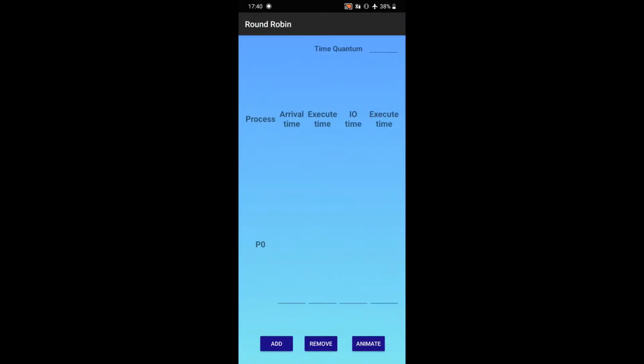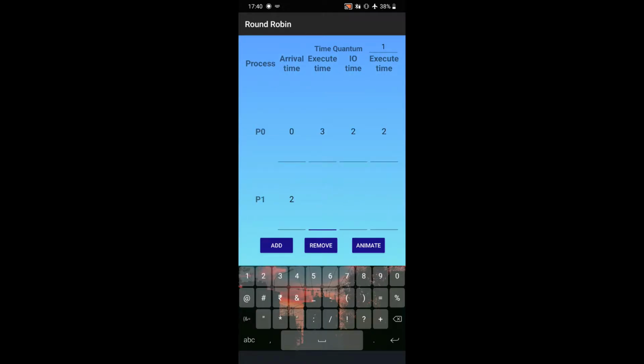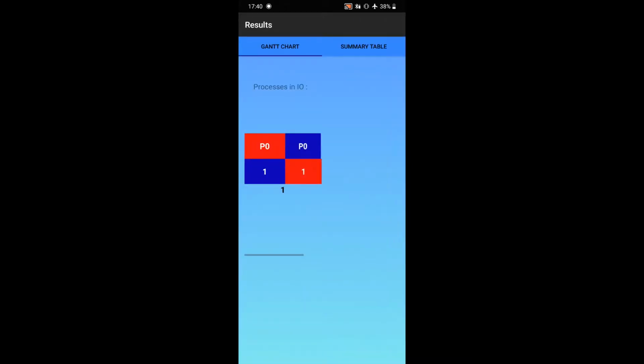Moving over to round robin. Along with the queue, IO is considered.